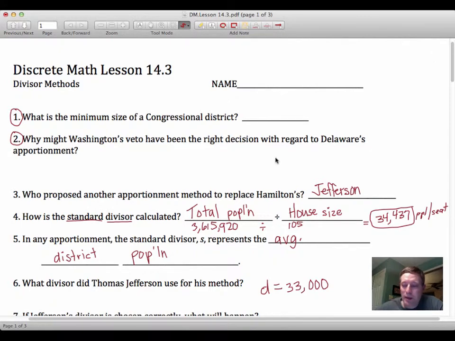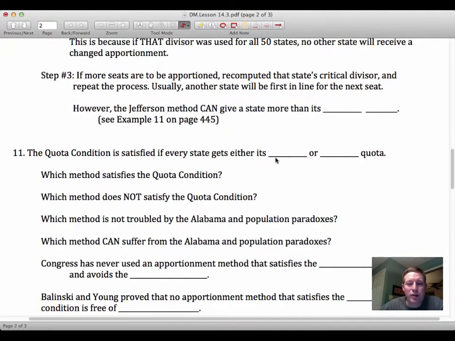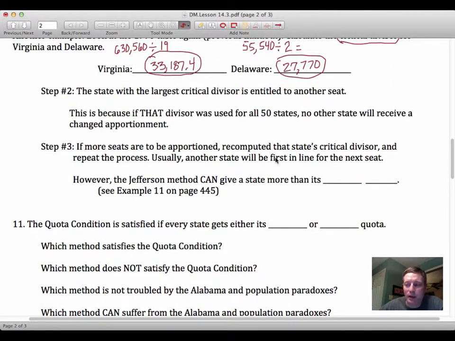So by calculating these critical divisors, you can tell which states are going to get seats first. The state with the largest critical divisor gets another seat. And if you keep going down, down, down, that's how you end up giving out all these seats.